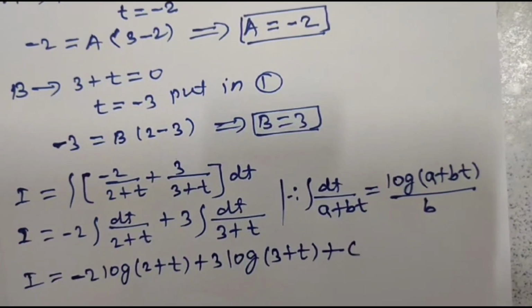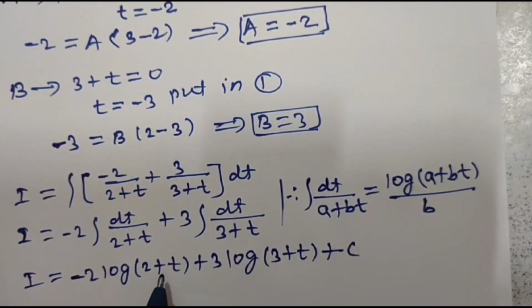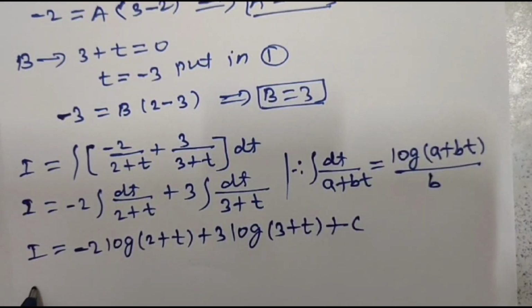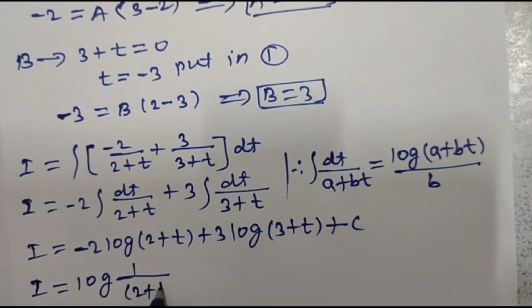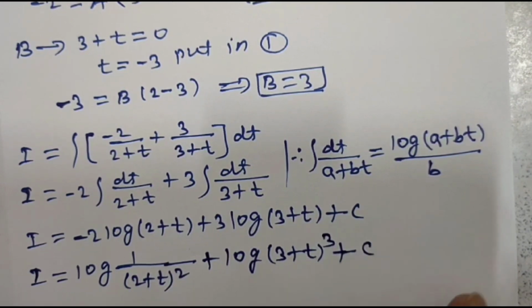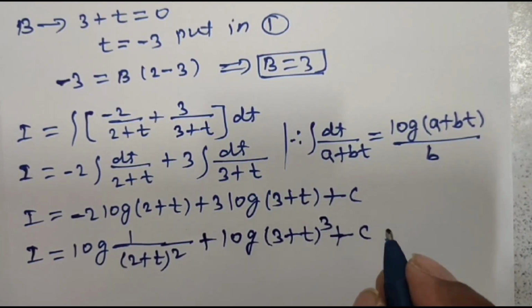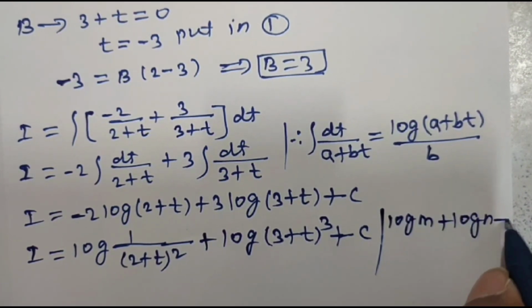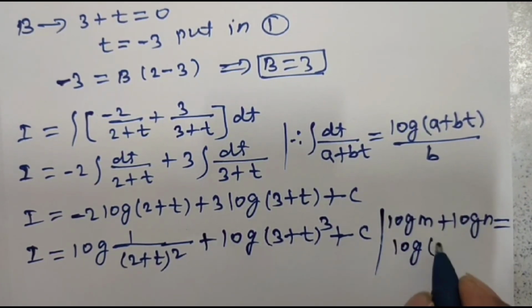Now take this minus 2 as the power of 2 plus t and take this 3 as the power of 3 plus t. Hence I is equal to logarithm of 1 upon 2 plus t square plus logarithm of 3 plus t cube plus integral constant c. Now applying the property of logarithm, logarithm of m plus logarithm of n is equal to logarithm of m into n.